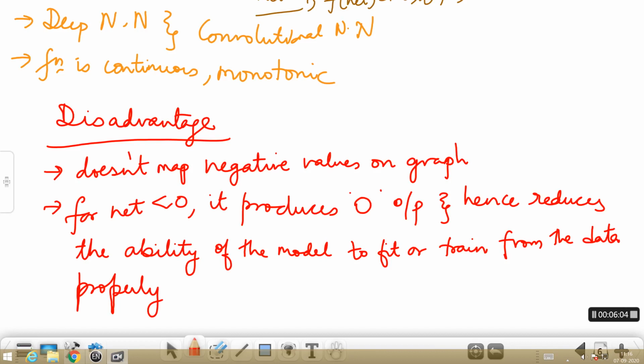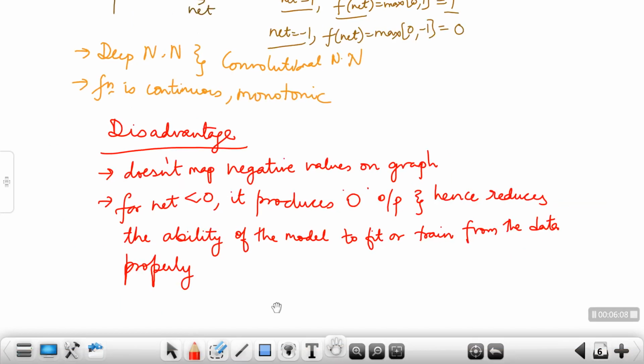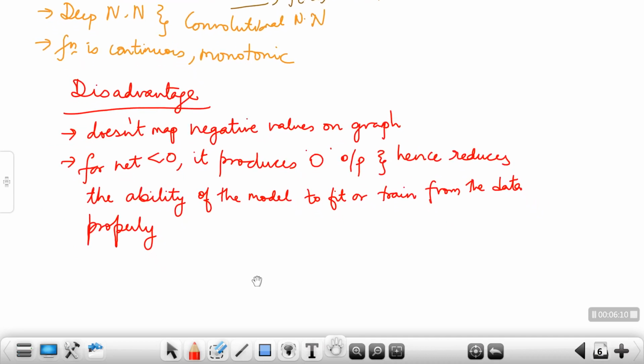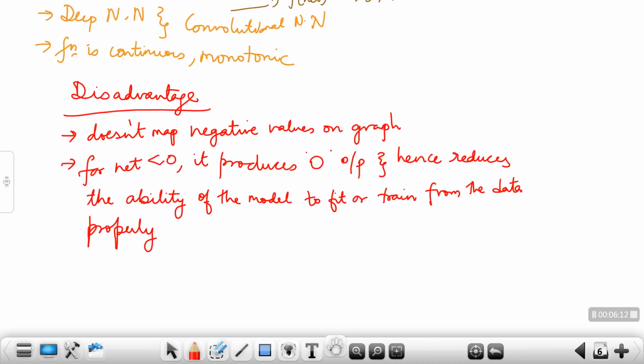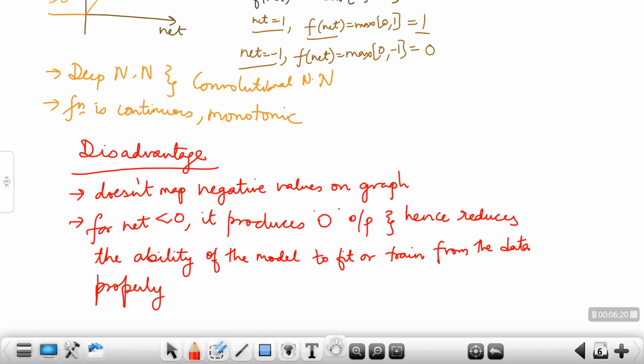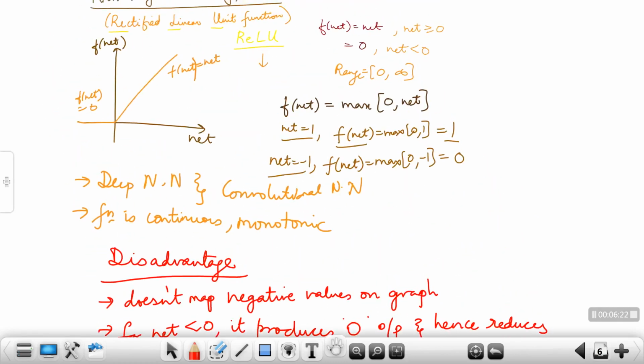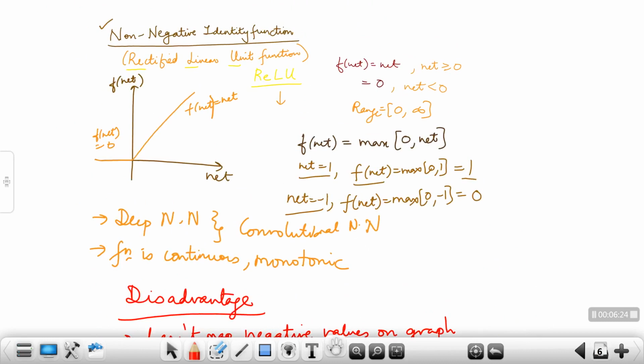Because it is not going to map the negative values to negative, it will be mapping them to 0. That is the reason it will not be able to train properly if the data is made up of a lot of negative values. So that is the disadvantage of this non-negative activation function, the rectified linear unit function.